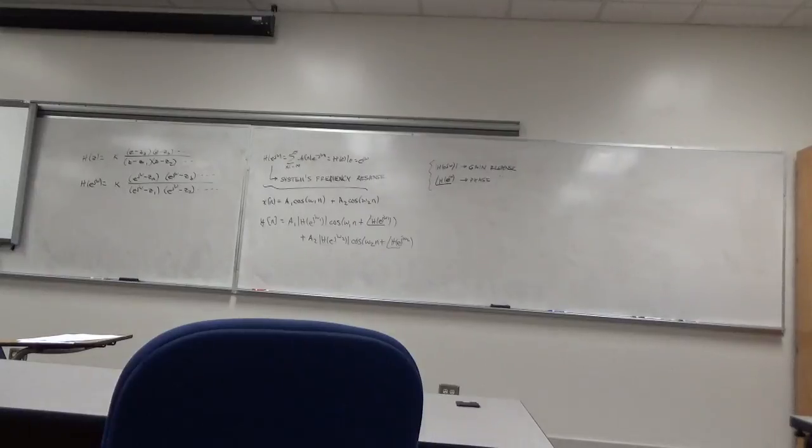And by the way, some of those terms could be repeated. Okay, in other words, z1 and z2 could be equal, meaning you would have a double pole. Doesn't make any difference.